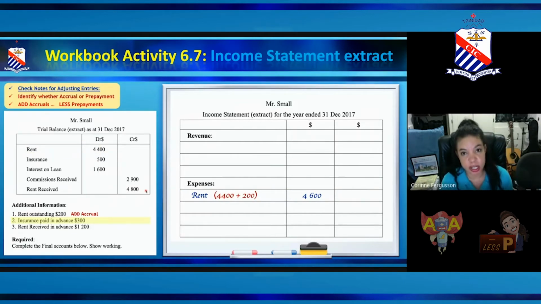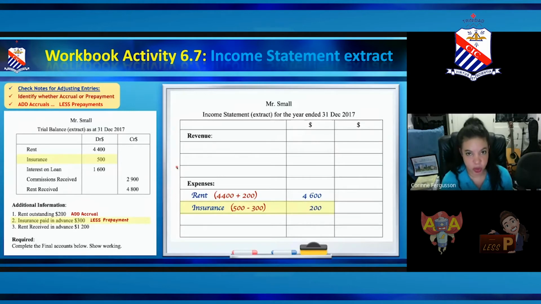It is insurance paid in advance, which means it's a prepayment, and you less prepayments. So you will go under expenses because insurance is an expense. And to show your working, it will be the amount in the trial balance less the prepayment.